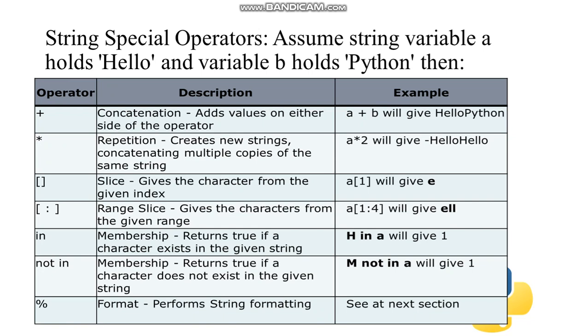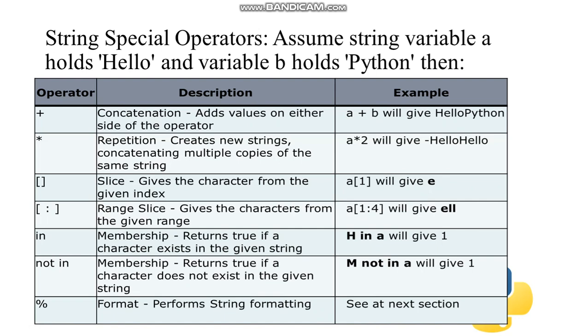So for example, I want some slice of my string. I will use the slicing operator, that is a colon, and I will write the start and the delimiter. Okay, so if I write 1 colon 4, it will start from the first letter till the third character.